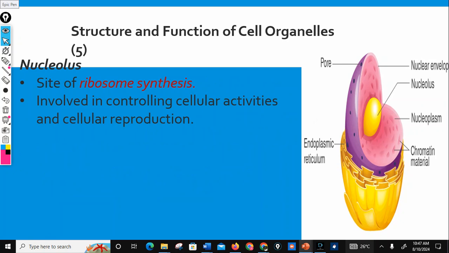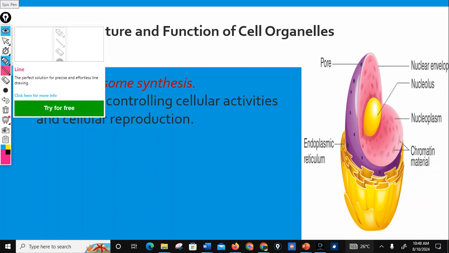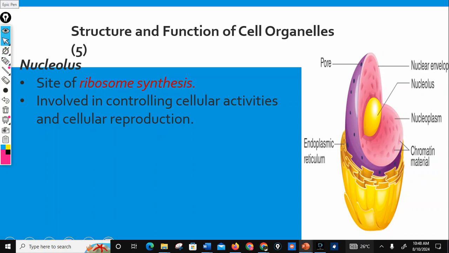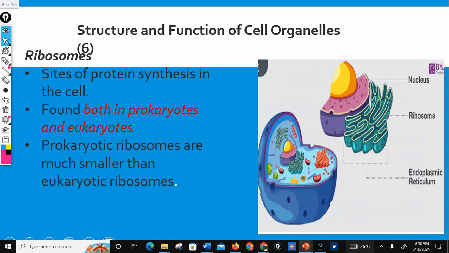So for your JAMB, and most of the time in your post-UTME, if the question is about the function of the nucleus, it's always ribosome synthesis, even though sometimes it plays a role in cellular reproduction. It is majorly the site for ribosome production. Then we move to the next one, which is the ribosome itself. What is the function of this ribosome that is produced in the nucleus?